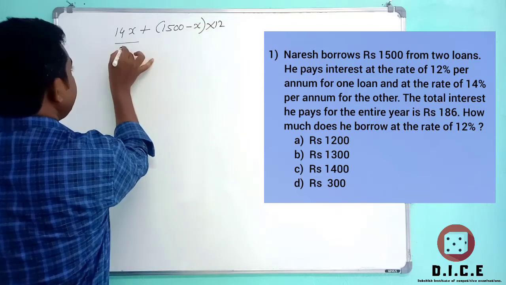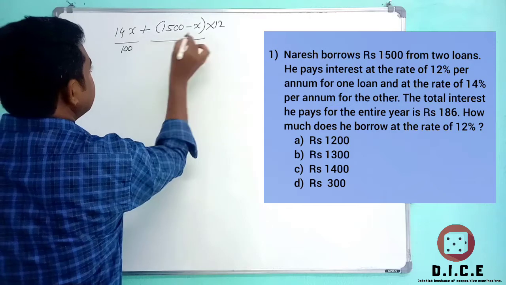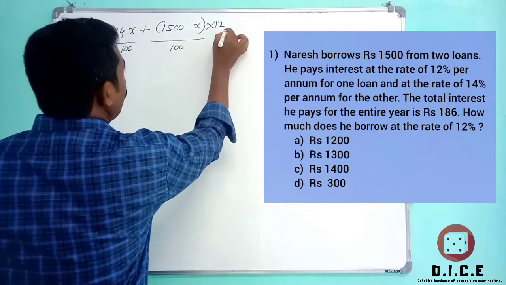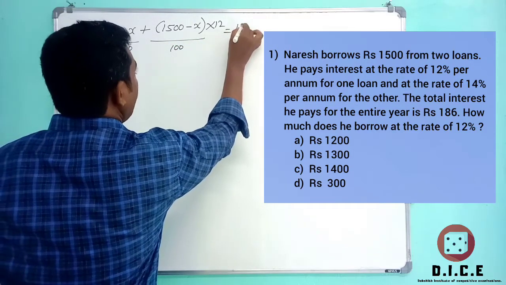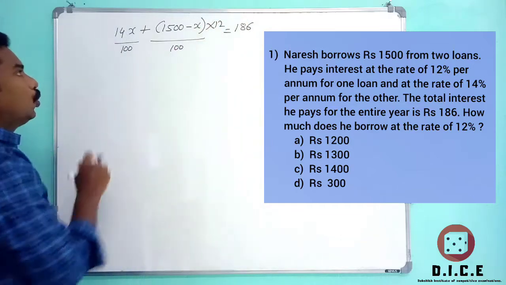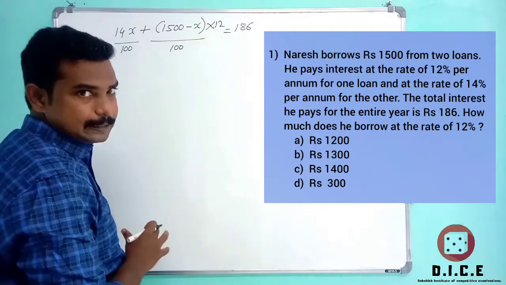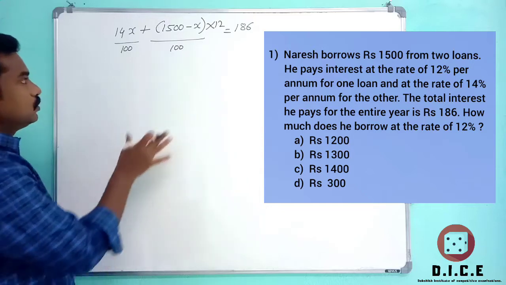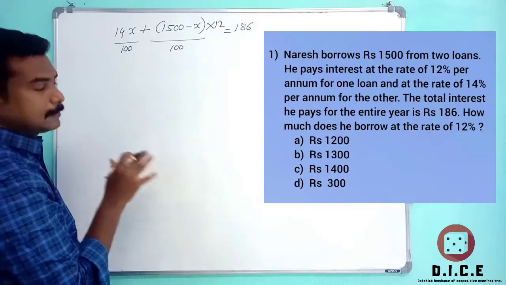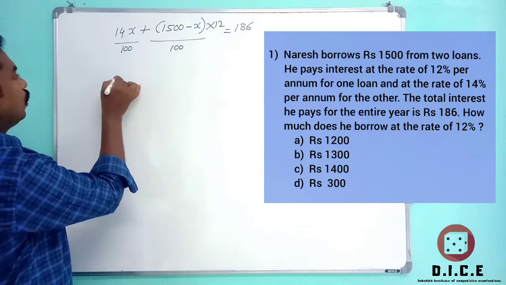That is P into T into R by 100. The total simple interest on both of these 2 loans is 186 rupees. So we are dealing with the detailed process.